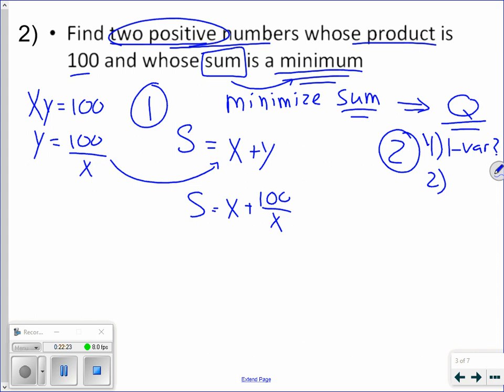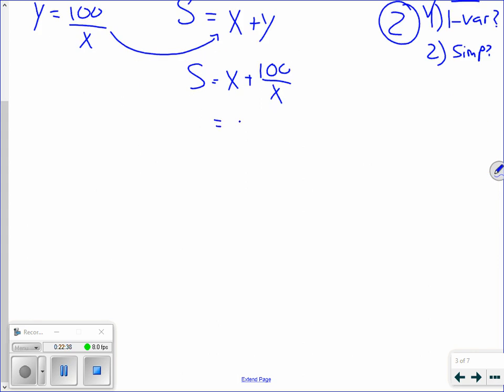And we can check this criteria off. It is one variable. Number two is we're trying to figure out, is it simplified? Meaning, is it in a form I can take the derivative of? I could probably simplify this a little bit. What if I say x plus 100x to the negative first? That's my Q equation. It is one variable, and it's simplified.